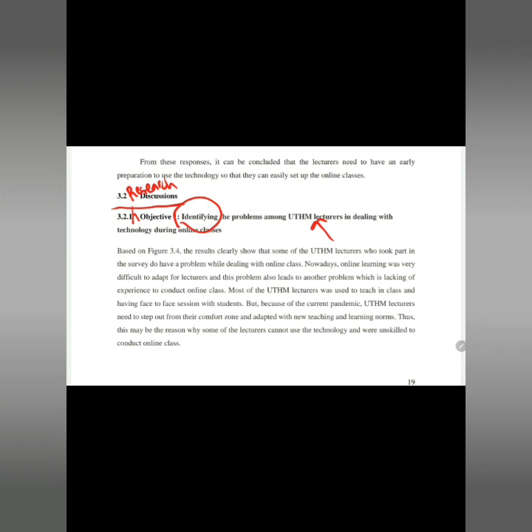So how are you going to write this? For example, here, problems. In the findings earlier, you listed down there are 6 problems. From these 6, you list them down according to ranking: 1, 2, 3, 4, 5, and 6.